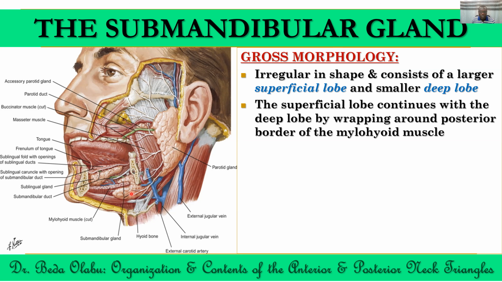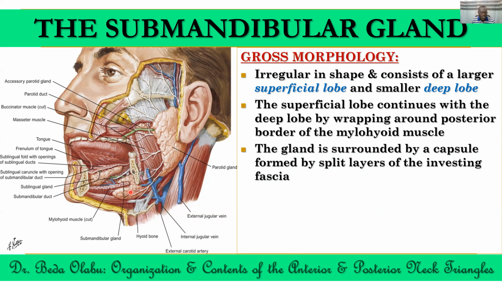The superficial lobe usually is continuous with the deep lobe, as you can see in this particular image, through this region here that wraps behind the mylohyoid muscle. So on the posterior border of the mylohyoid muscle, the deep lobe and the superficial lobe of the submandibular gland are continuous generally. So it's actually just one gland, which has those two parts.